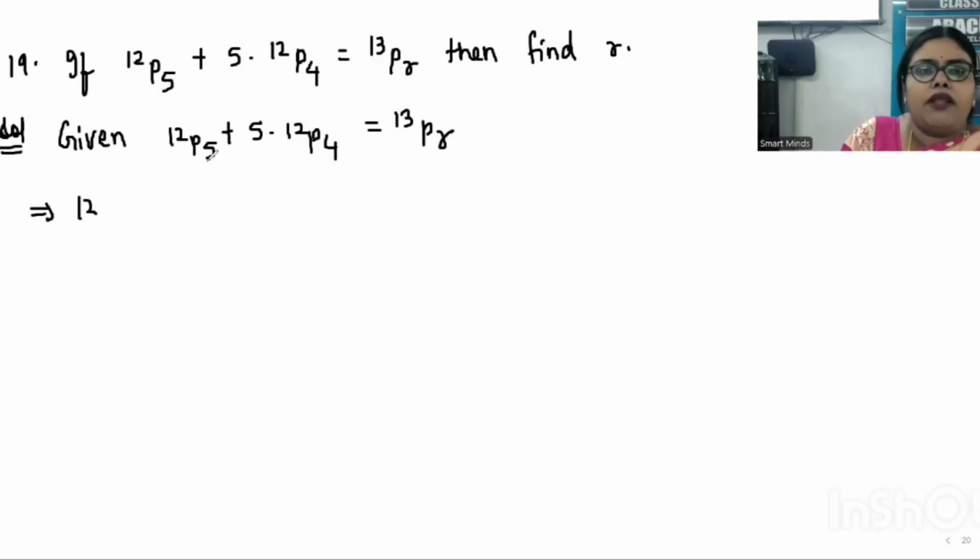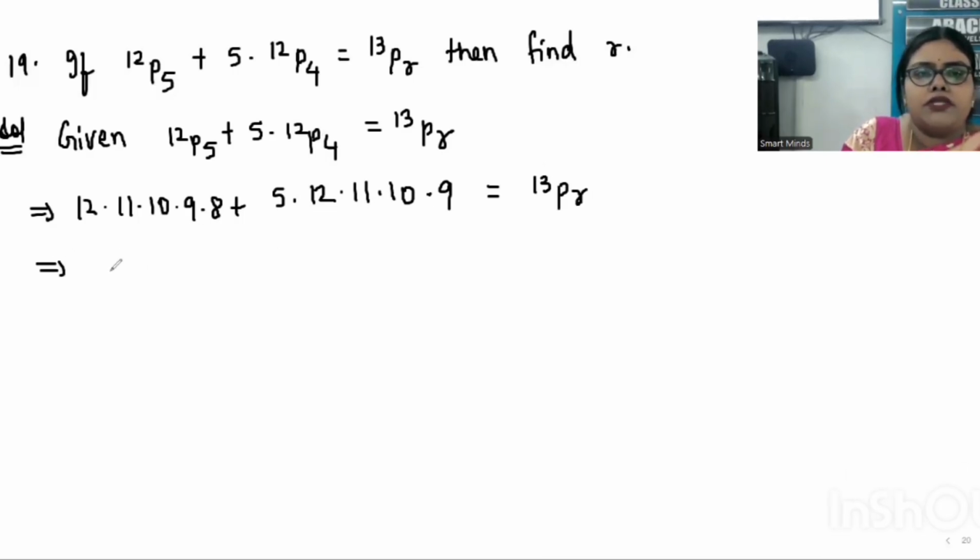Start from 12 and reduce 5 times: 12 into 11 into 10 into 9 into 8, plus 5 into 12P4, which means start from 12 and reduce 4 times: 12 into 11 into 10 into 9, is equal to 13Pr. Now what can we take common from these two terms?